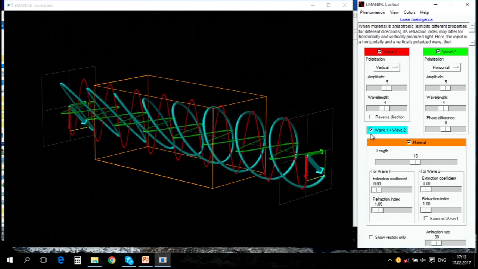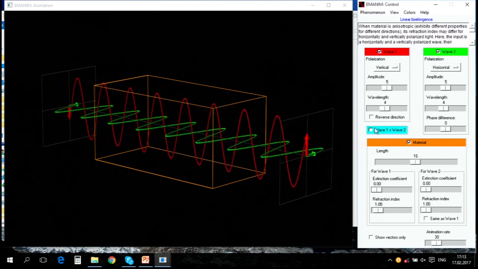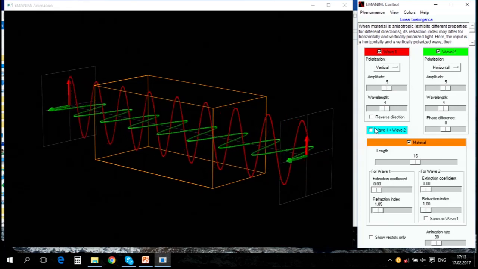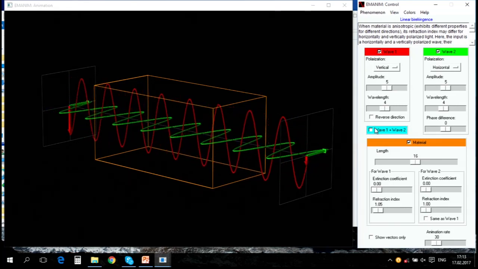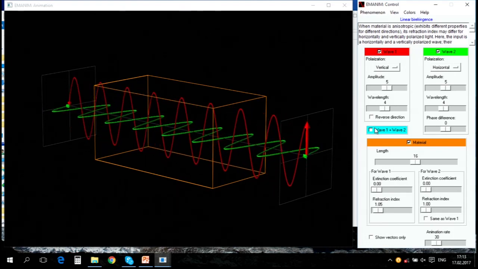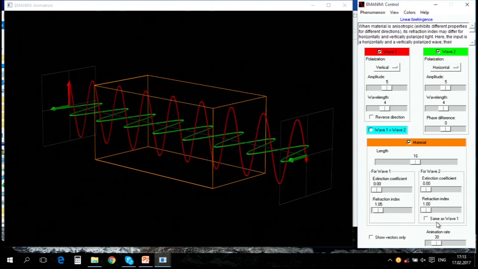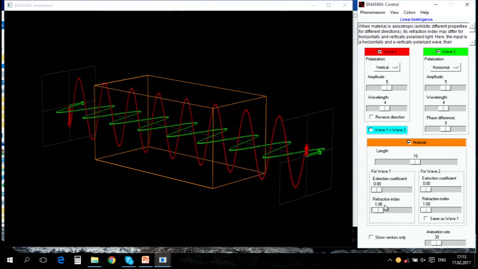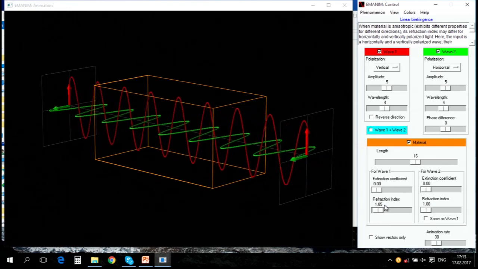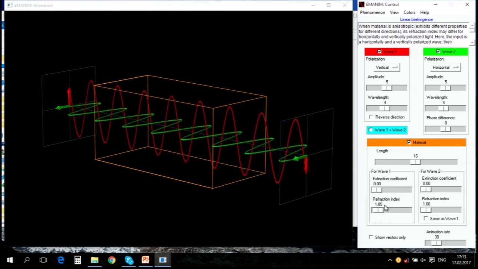So we have these two oscillations on the input, and for one of these oscillations, the refraction index is a bit higher. You can see 1.05 and 1.00.